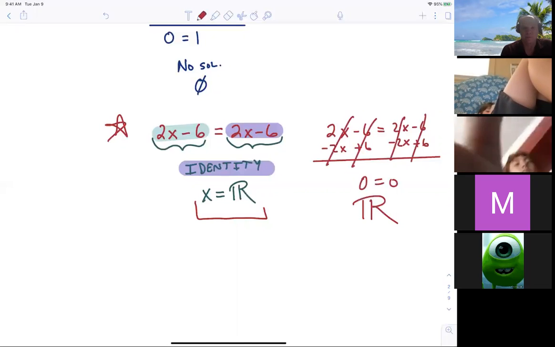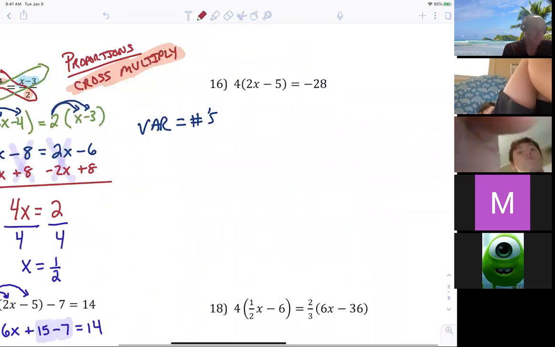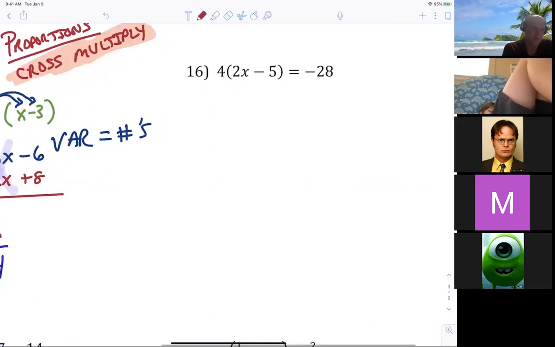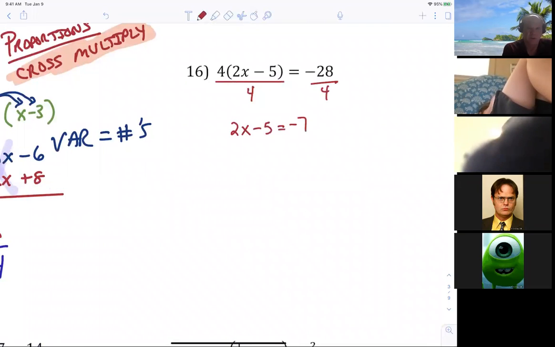All right. So let's check out number 16. Now, remember, for question number 16, if we wanted to, we could distribute the 4, but I notice that if I divide by 4 and I divide by 4, since negative 28 is divisible by 4, I can just go ahead and do the division first. So this would be 2x minus 5 equals negative 7.